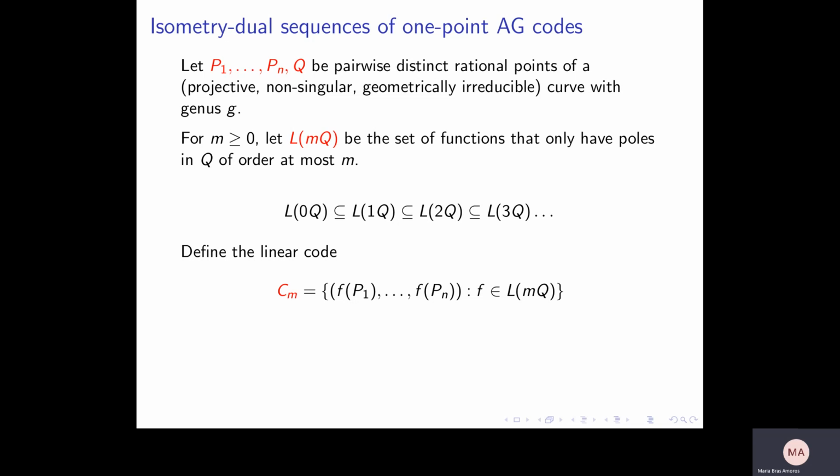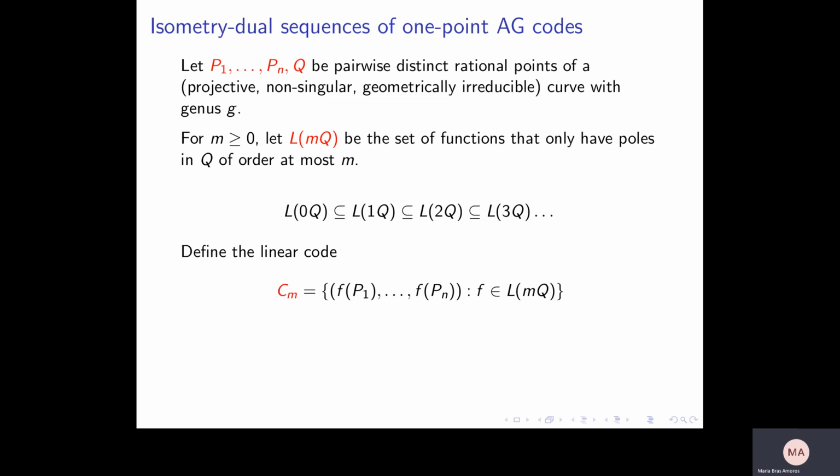For a non-negative integer m, define L of mQ as the set of rational functions that only have poles in Q of order at most m. Then one can see that L of 0Q is included in L of 1Q, which is included in L of 2Q, and so on.